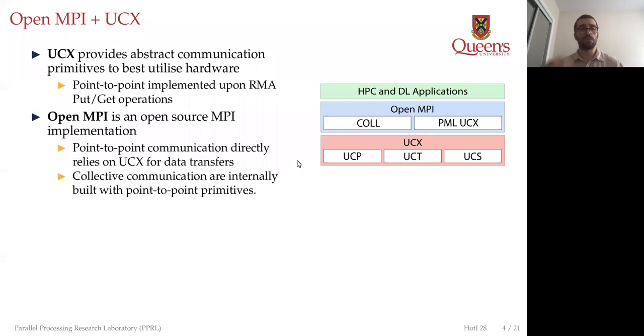And then we use OpenMPI for our distributed training. OpenMPI is an open source MPI implementation. For the point-to-point layer of OpenMPI, we configured it to use UCX directly. And then within OpenMPI, the collectives use those point-to-points, which ultimately rely on UCX.